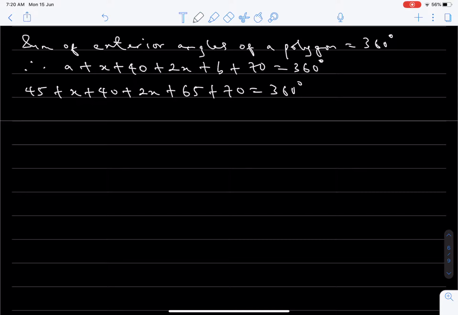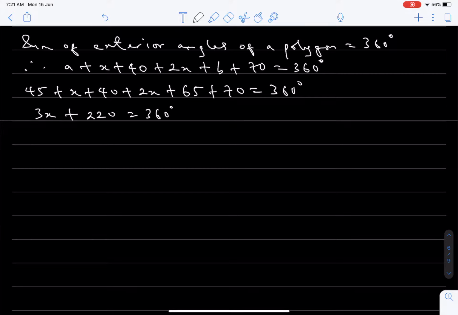And that means x plus 2x is 3x, plus 45 plus 40 is 85, plus 65 is 150, plus 70 is 220, equals 360 degrees.